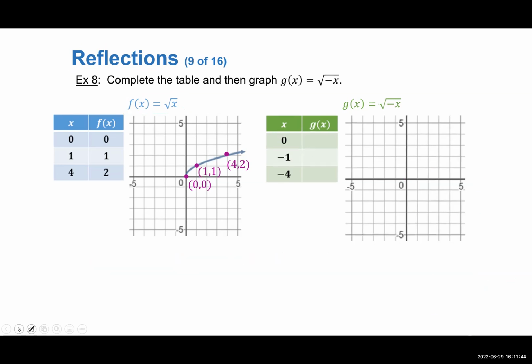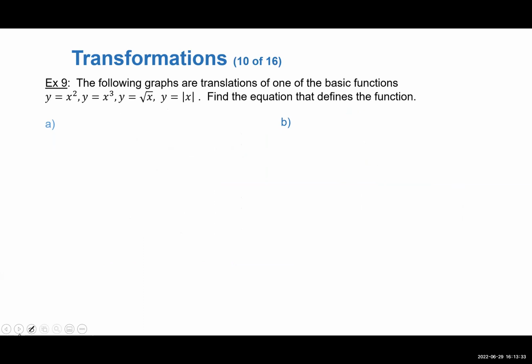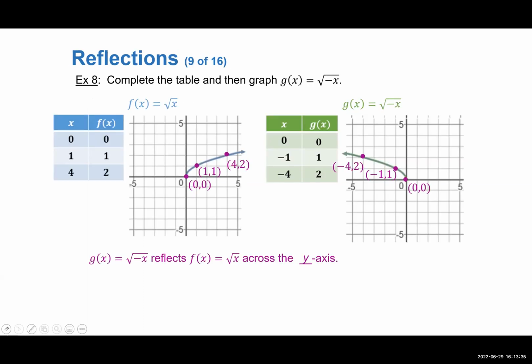Okay, so here we see that example. We're going to take our x values and flip them. What happens is we end up with a backwards function that flipped horizontally across that axis. So this one is called a reflection about the y-axis. I'm sorry, you might not get a chance to write that.